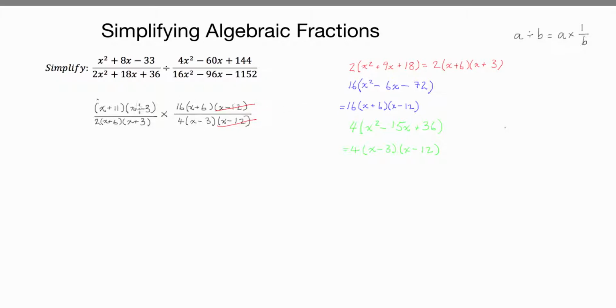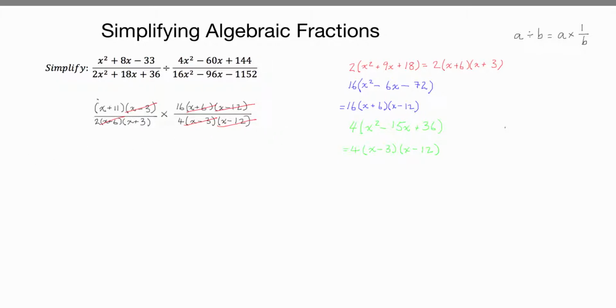We have an x minus 3 in the numerator over here, and an x minus 3 in the denominator over here. So they can cancel each other out. As long as one of them is in the numerator and the other one is in the denominator, it doesn't matter which side it is. It doesn't really matter. We also have an x plus 6 over here and an x plus 6 over here.